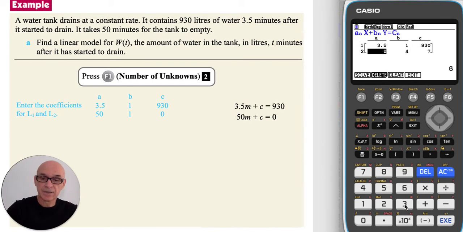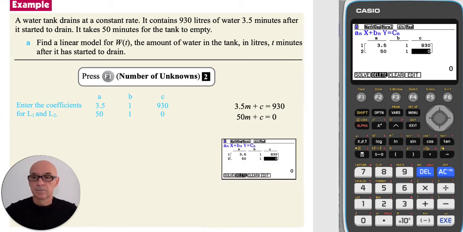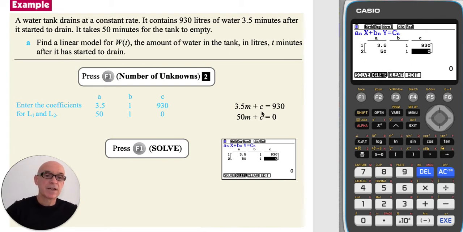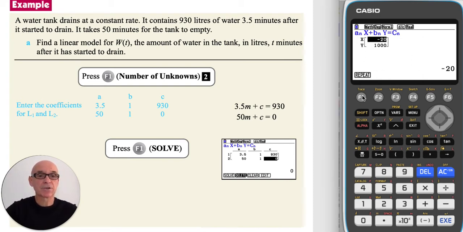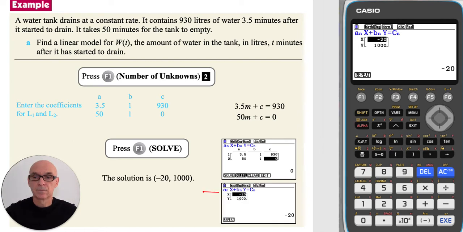And for the second line, 50, 1 and 0. Pressing F1 to solve gives x equals negative 20, y equals 1000. So m was negative 20 and c is 1000. And as before, the linear model is w equals negative 20t plus 1000.